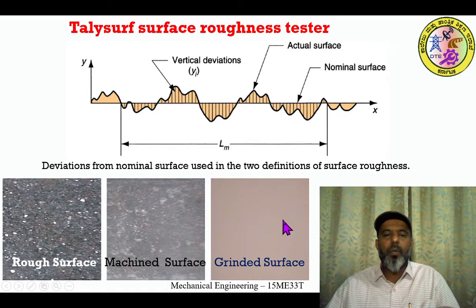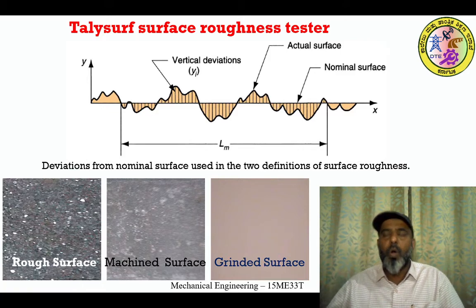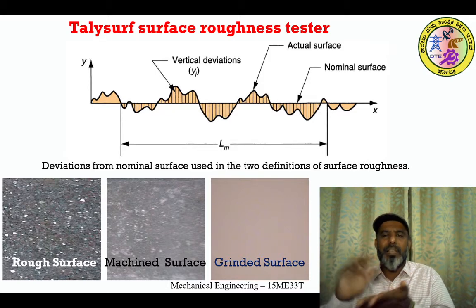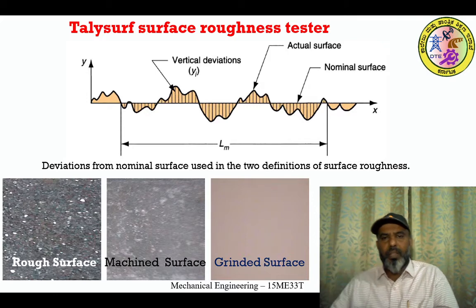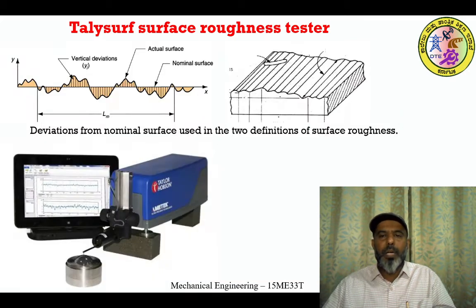Then on grinding, most of the cavities or debris occurring in the machined surface are removed. And further, when you go for the lapping or honing operations, all those debris and cavities are removed to a negligible thickness. Now, when you cut the workpiece perpendicular to the surface, the variations are shown here.